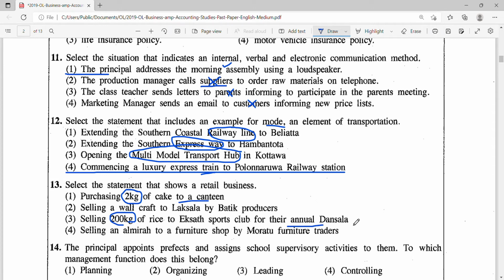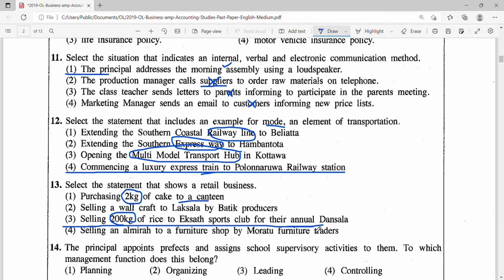Okay, so seems like third one is the answer. Let's go for the fourth one. Selling an almirah to a furniture shop by Morotu Furniture Traders. Now here they have sold an almirah to a furniture shop. Again indicating resale. So for question number 13, answer is 3.